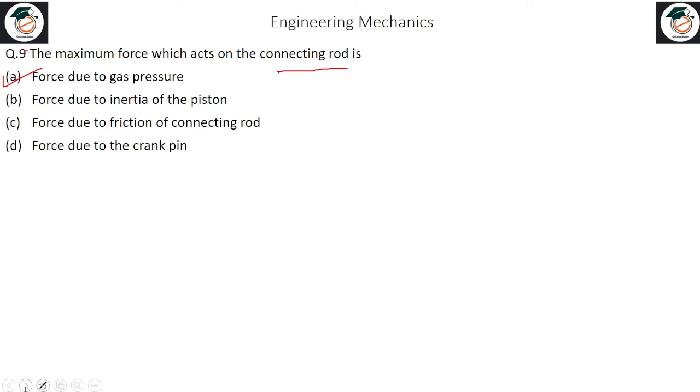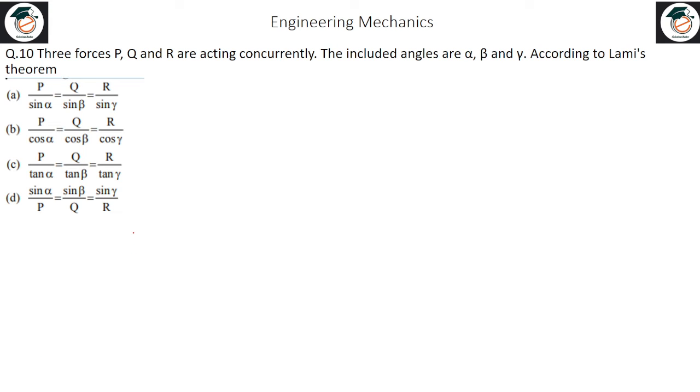The next question is: three forces P, Q, and R are acting concurrently, and the included angles are alpha, beta, and gamma, according to Lami's theorem. So there are three forces acting concurrently like that.